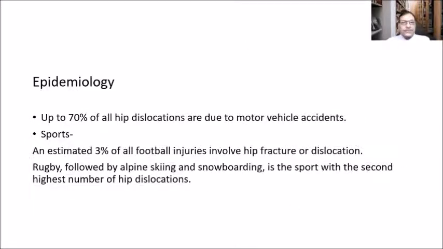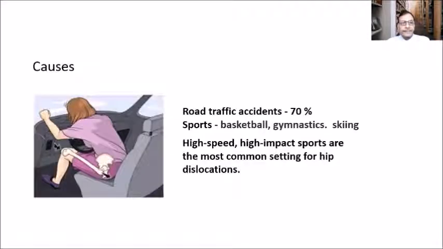Out of the dislocations, remember, 70% are all due to the motor vehicle accidents. Sports contribute little of it. Say, for example, football injuries, 3% can happen there. But there are certain sports, rugby, skiing, snowboarding, where hip dislocations can happen.